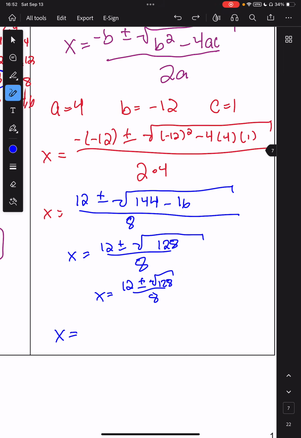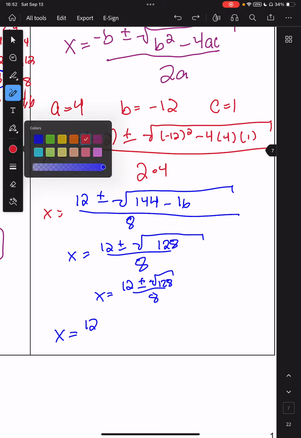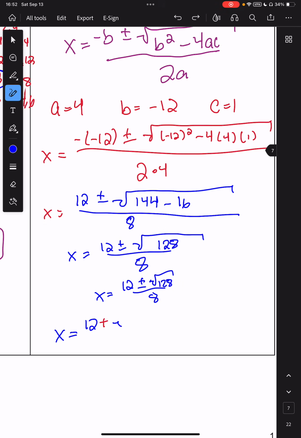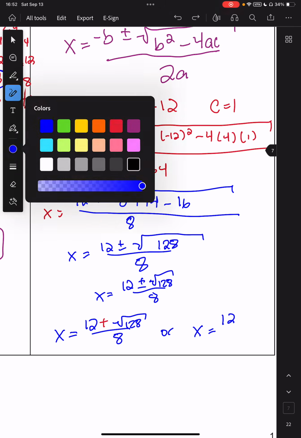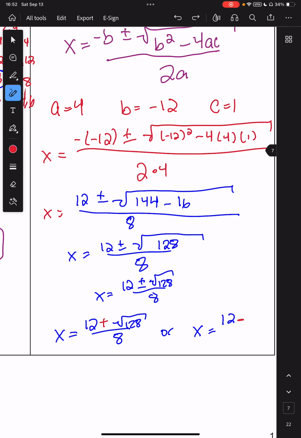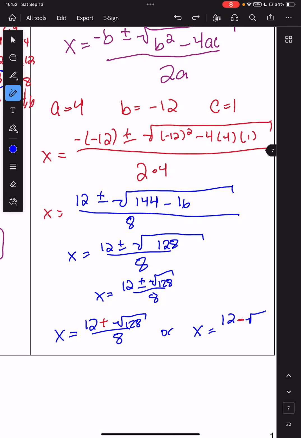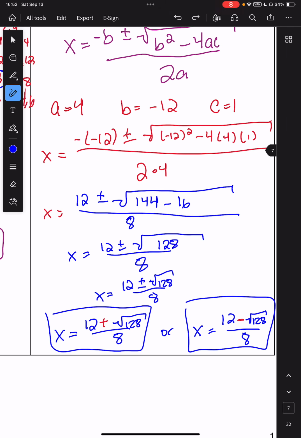X is equal to 12 plus the square root of 128 over 8, or x is equal to 12 minus the square root of 128 over 8. So you can simplify these or leave them in this form.